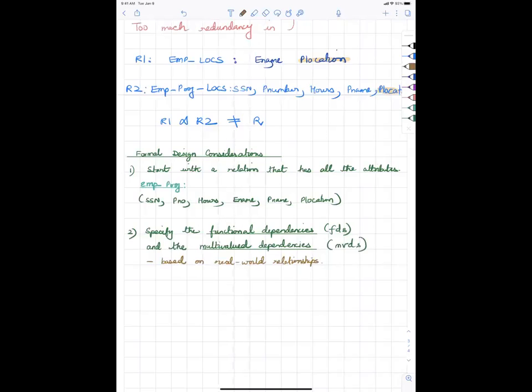So all of this stuff is these functional dependencies and multi-value dependencies. Once the database designer figures this out, they'll have to somehow incorporate it. So all of this is input by the database designer.